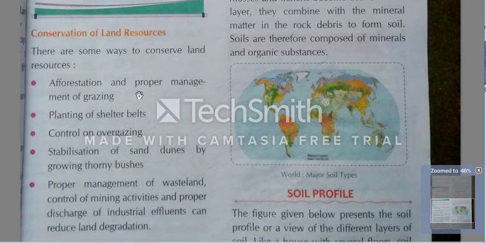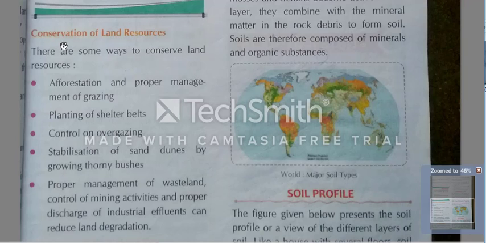Okay. Now we will talk about conservation of land resources. Why it is necessary to conserve and how it can be conserved, we will see. And what is conservation? Conservation means we can say care.